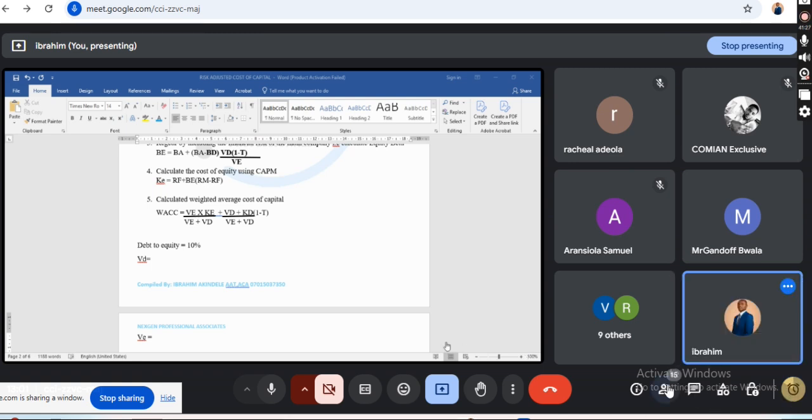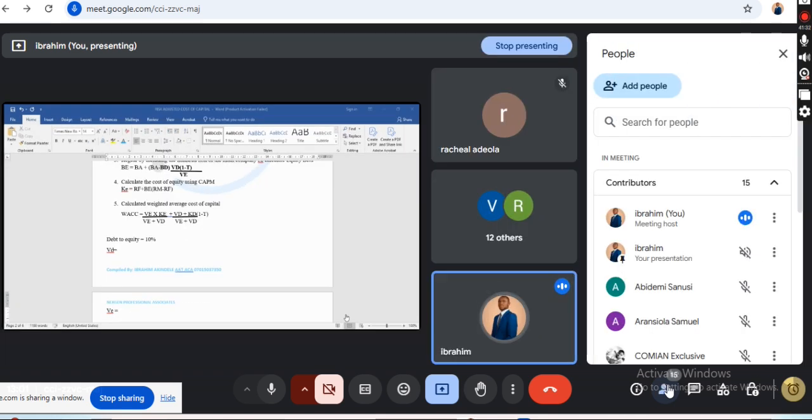Since they give you 10%, it means the 10 is the market value of debt. Debt comes first before equity, right? So the value of debt is 10, while the value of equity is 100.